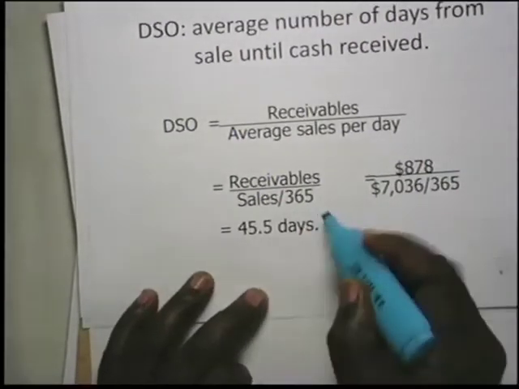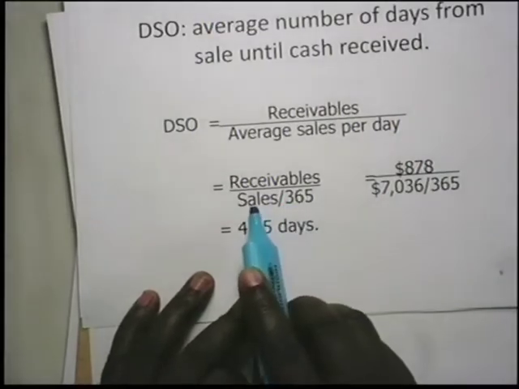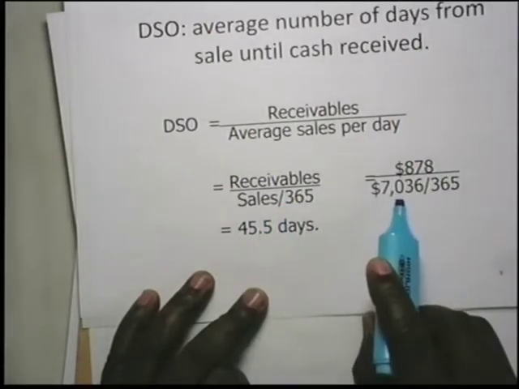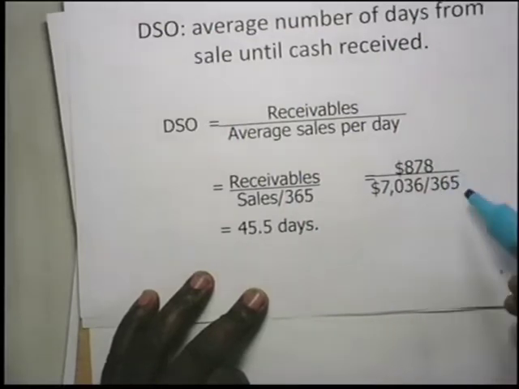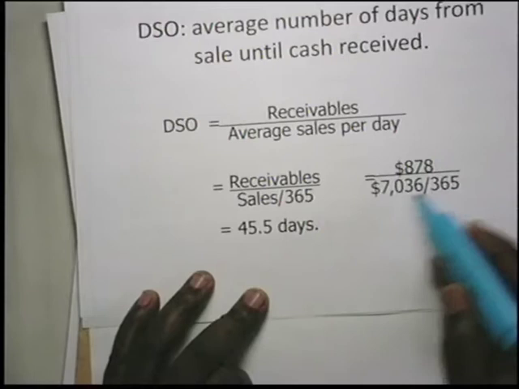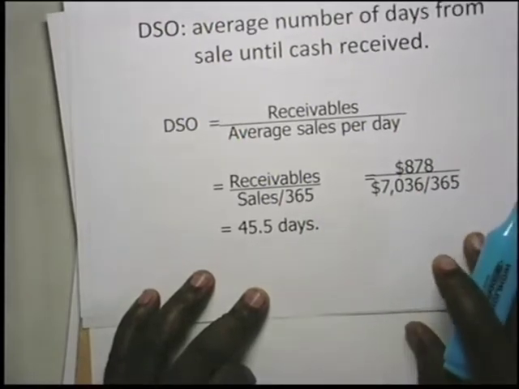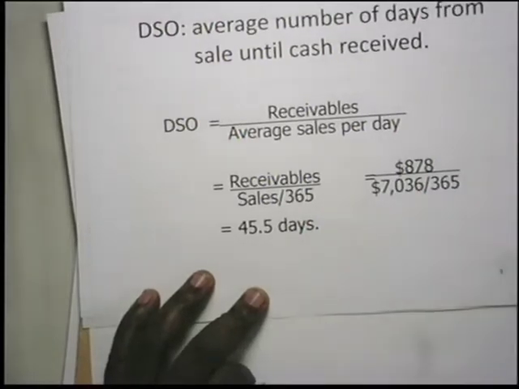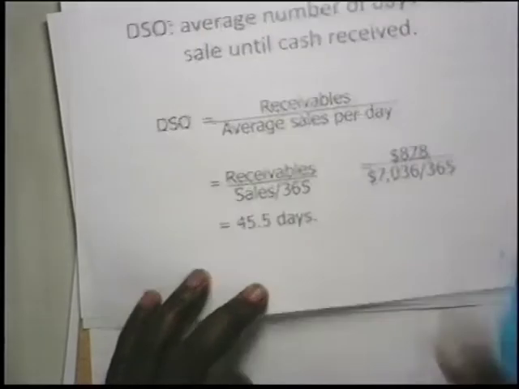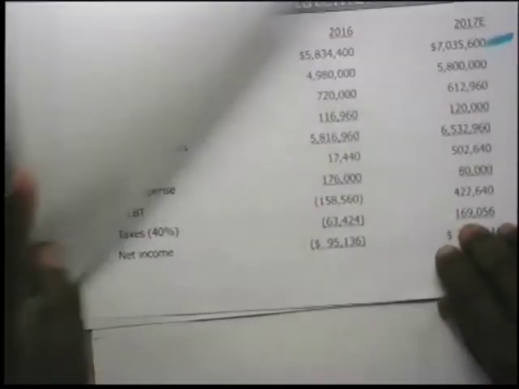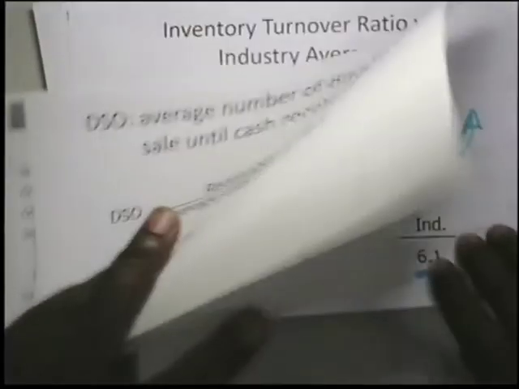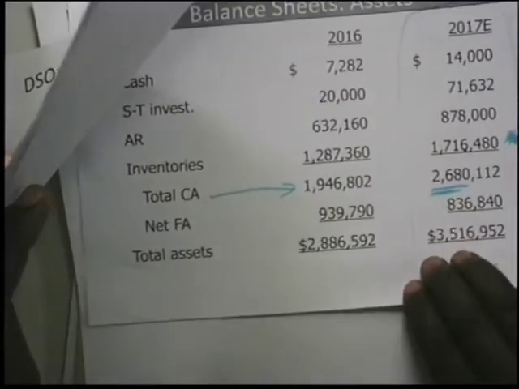All right. The sales, we said it's 7,036,000, right? So we are dividing by 365 days. Remember, these figures are in millions. So 365 days in order to get the average per what? Per day. Now, receivables. I said the receivables, we'll get them from what? From our balance sheet. Let me take you back to the balance sheet.